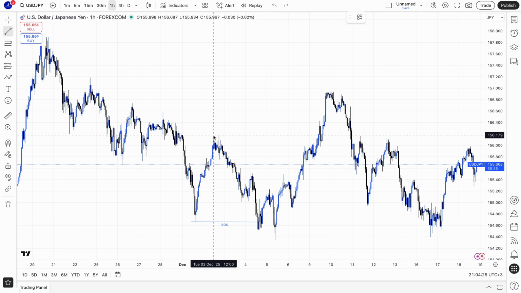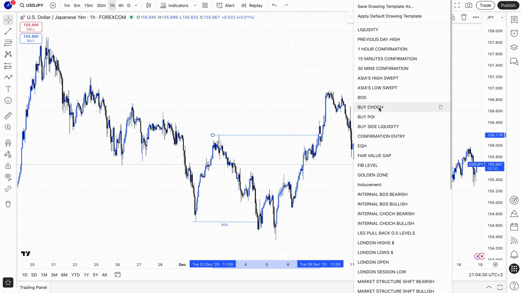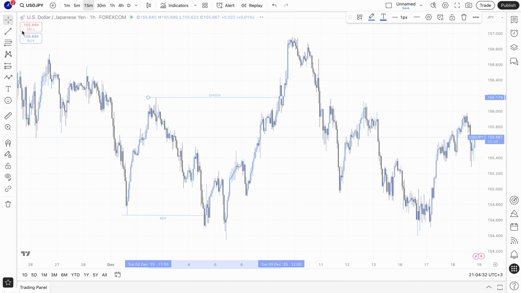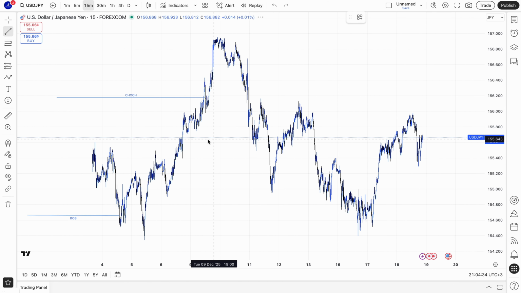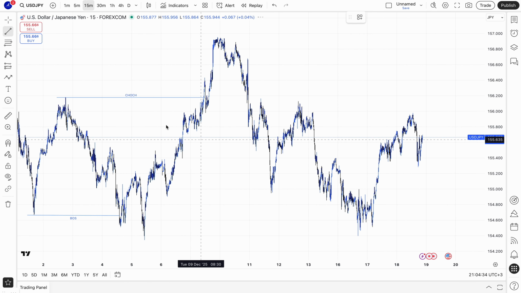Then you had our change of character to the upside. And for 15 minutes, for internal structure, have our break to the upside, then have our change of character to the downside plus change of character, break of structure, to the downside.